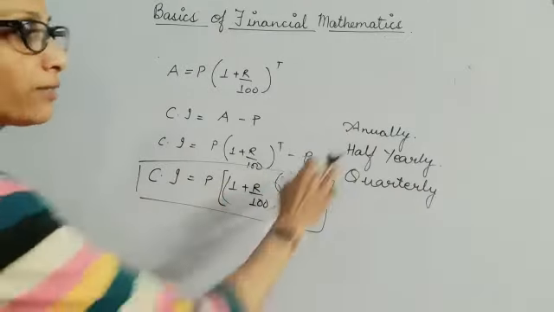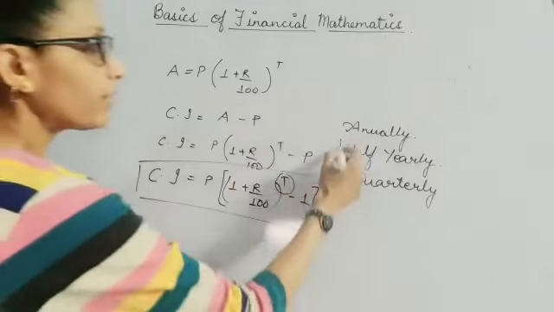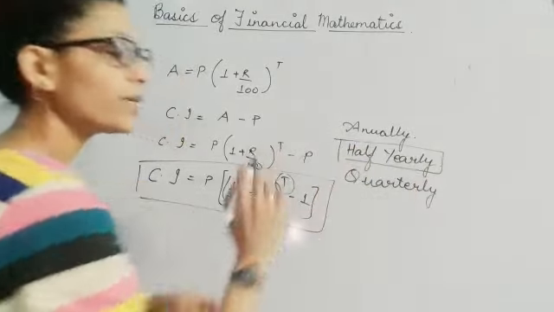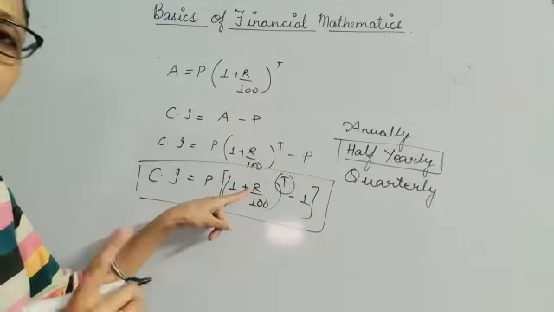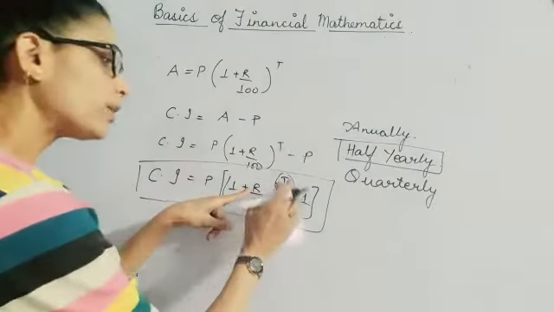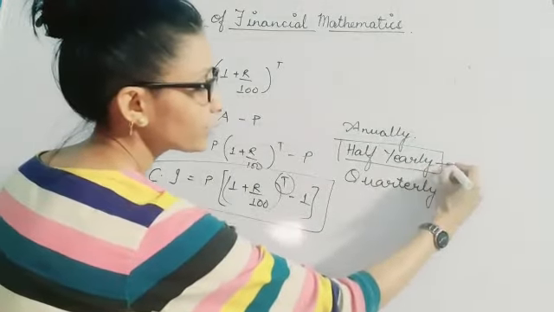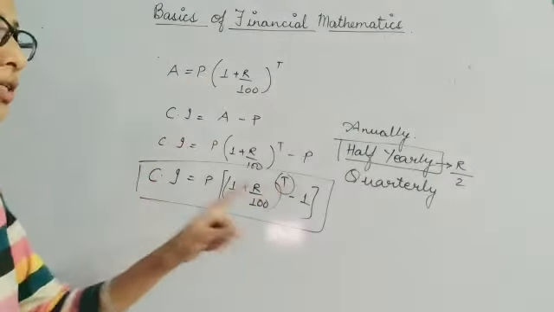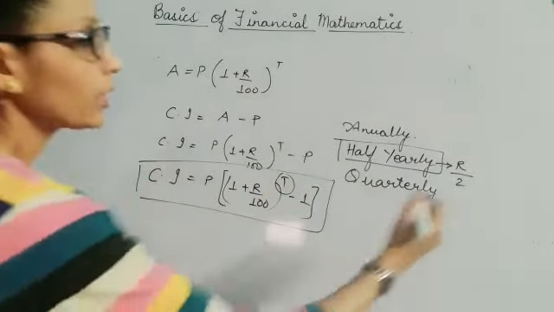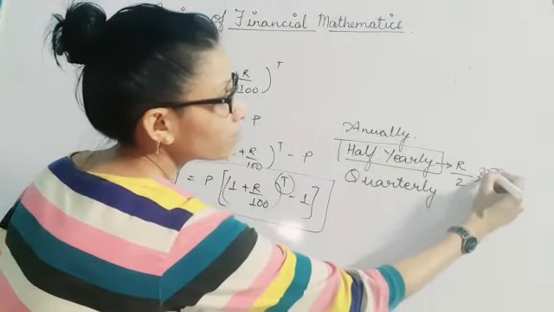If it is given 2 years, then you will be writing it 2. But when it is given half yearly, then you have to divide R by 2 and you will be doubling the time. That means whenever half yearly is given, you will be reducing the rate of interest by 2 and you will be multiplying time with 2.